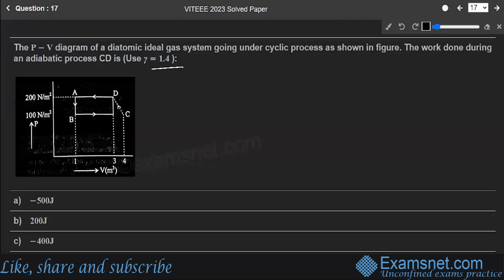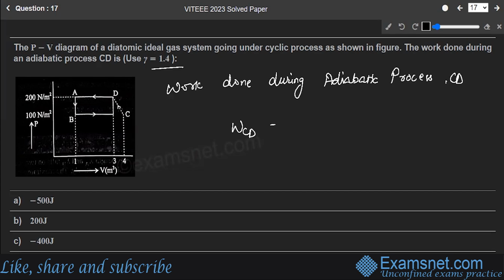So the work done during adiabatic process is given by PC VC minus PD VD upon gamma minus 1.